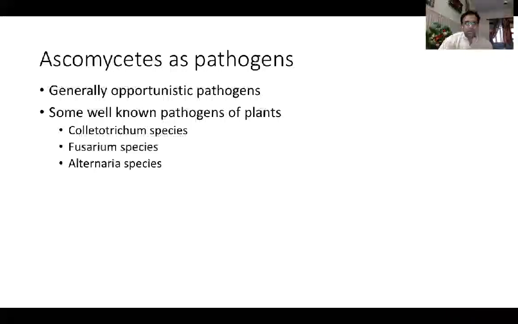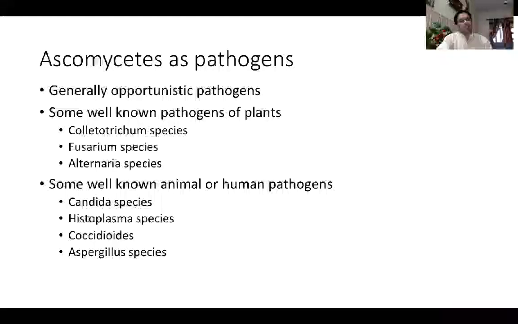They can cause disease in roots, leaves, and all kinds of disease. They are caused by Fusarium. Similarly, Alternaria species. Then there are many examples of pathogens. Then some well-known pathogens of humans and animals that belong to Ascomycetes are Candida species. Candida species are very common in human beings. They cause candidiosis.